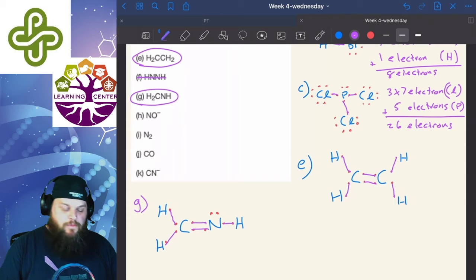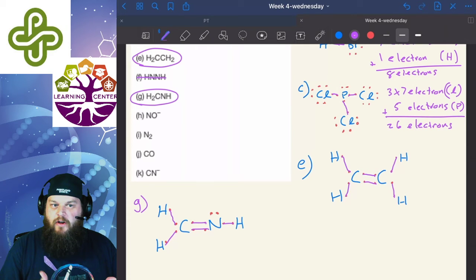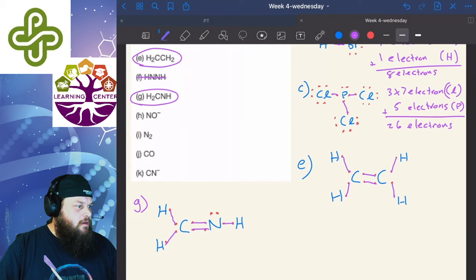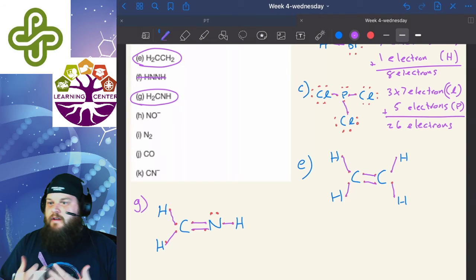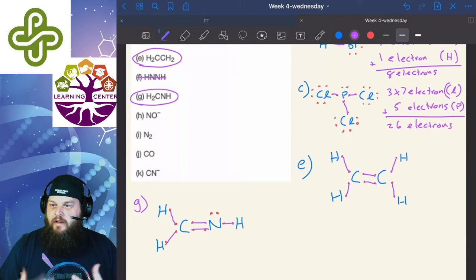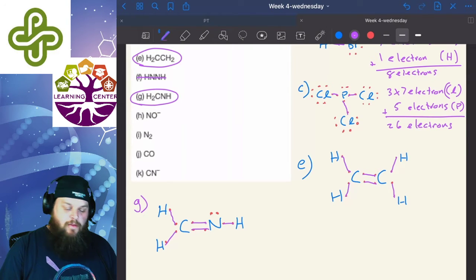And we can do a formal charge on this, which is what we're going to do on one of the next problems, I think a couple up. And we can see that it's all neutrally charged. Everything has its octet. Nitrogen has 3 bonds plus a lone pair. Carbon has 4 bonds, and hydrogen has 1 single bond with everything.